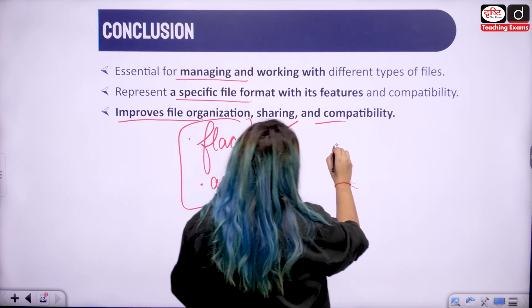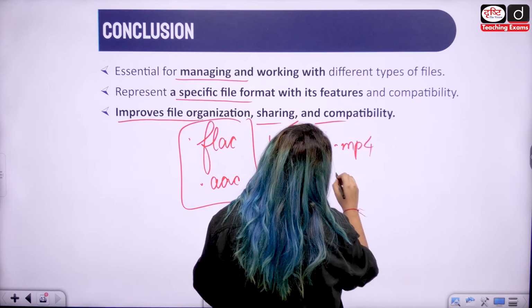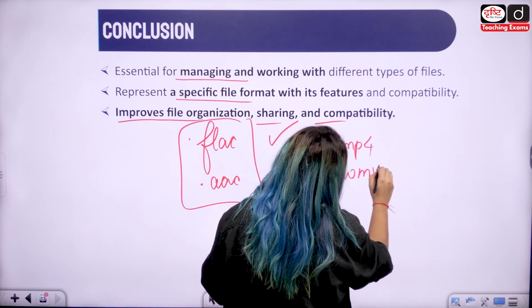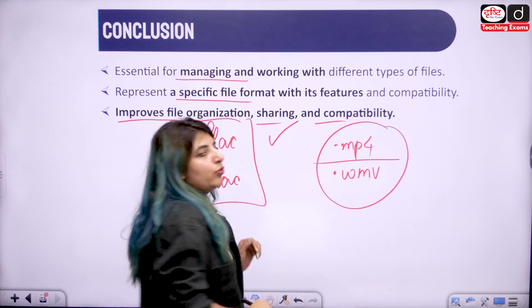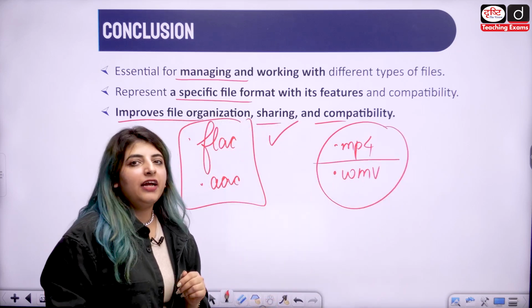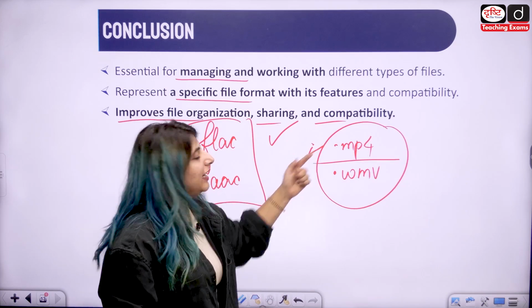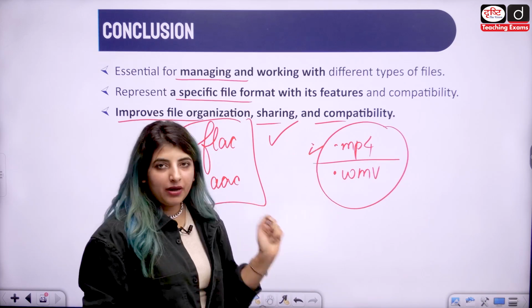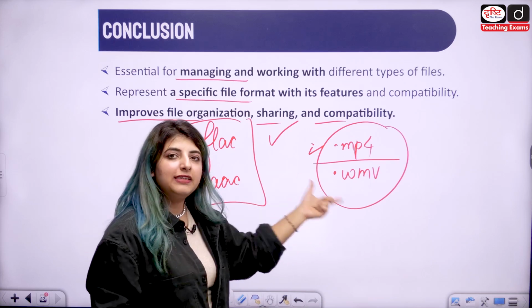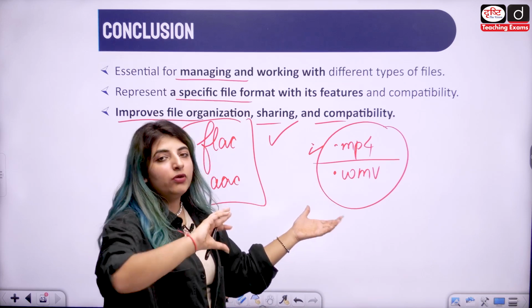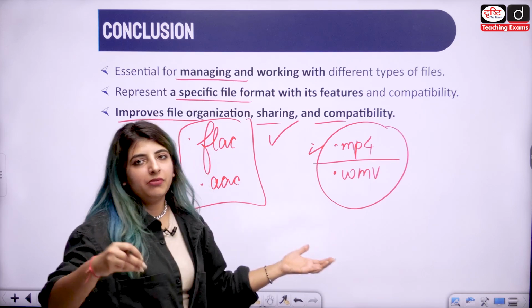If I want .mp4 file and then the other is WMV, but I do not have Windows Media Player in my laptop, my phone and all, then I would be downloading the file MP4 and not WMV, because WMV supports the files that can be played in Windows Media Player.